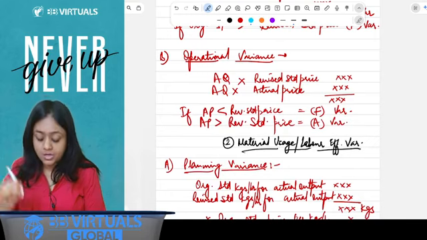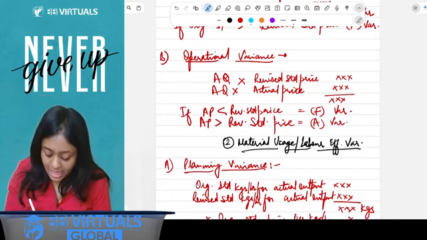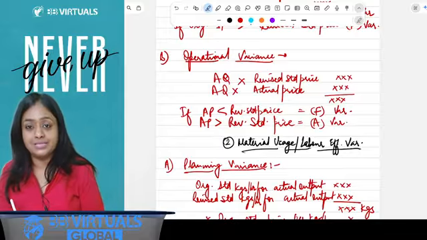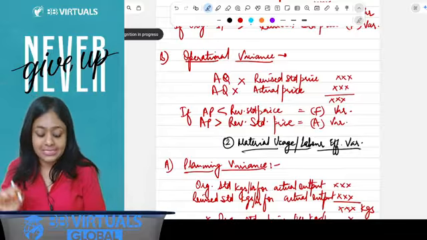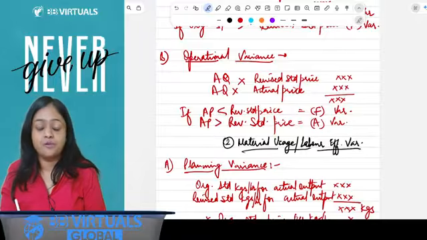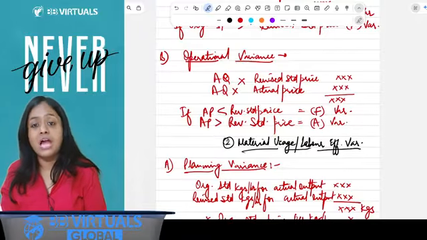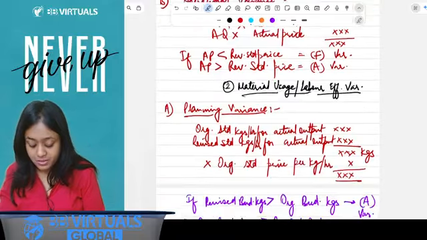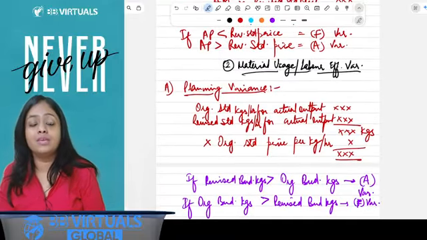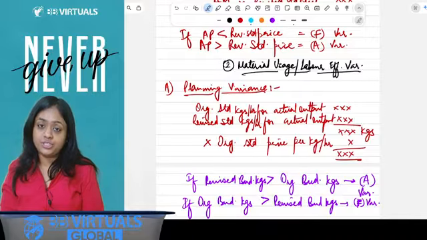Operational variance, now here you will compare the actual price and the revised standard price, right? So if your actual price is less than the revised standard price, it's a favorable variance. And if it is more, then it's an adverse variance. Along the same line, we can have material usage and labor efficiency variance.